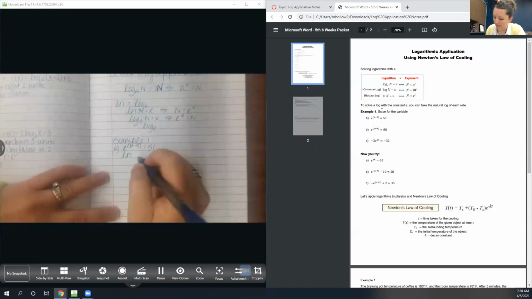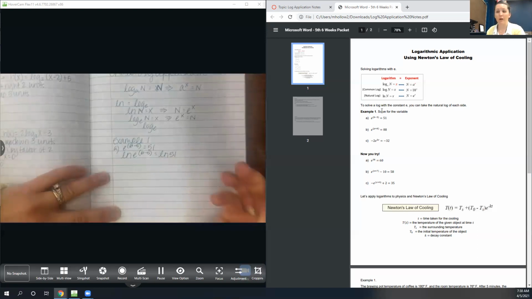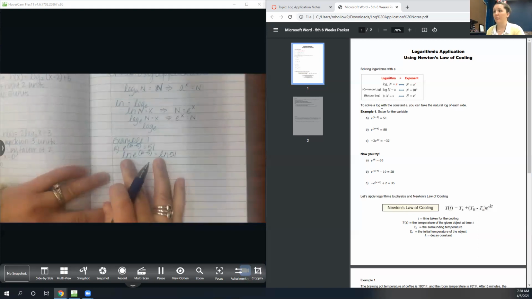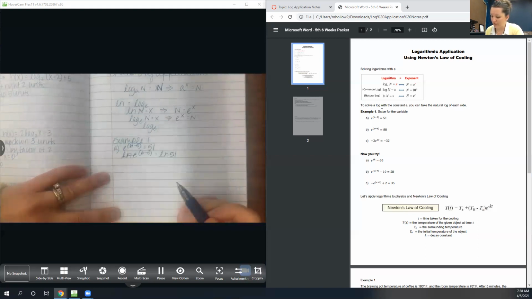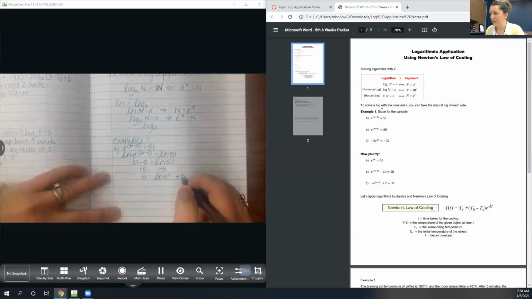So when I say ln of e to the b minus 5 equals ln of 51, just think of your algebraic rules here. Whatever you do to one side, you have to do to the other. Well, it applies to logs as well. When I do that, these actually cancel, and so I have b minus 5 equals the natural log of 51. We can go ahead and solve this by adding 5, and so b equals the natural log of 51 plus 5.